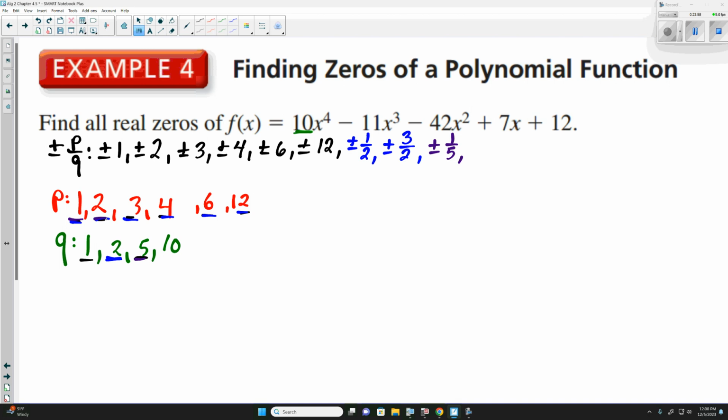Then we'll have 2 divided by 5, which is plus or minus 2/5. 3 divided by 5 is plus or minus 3/5. 4 divided by 5 is plus or minus 4/5. 6 divided by 5 is plus or minus 6/5. And lastly, 12 divided by 5 is plus or minus 12/5.